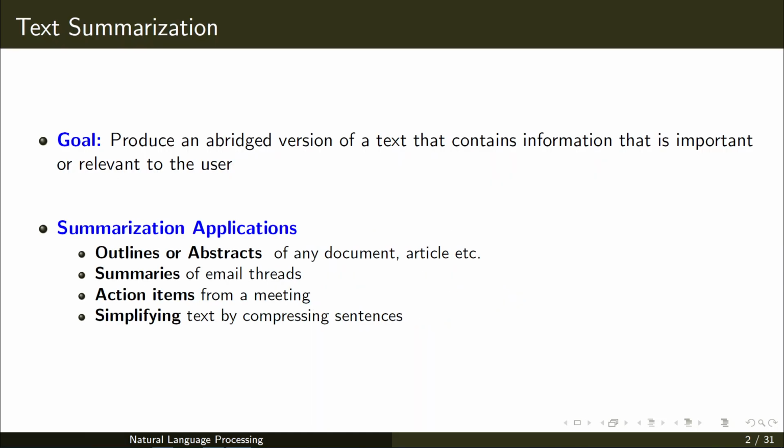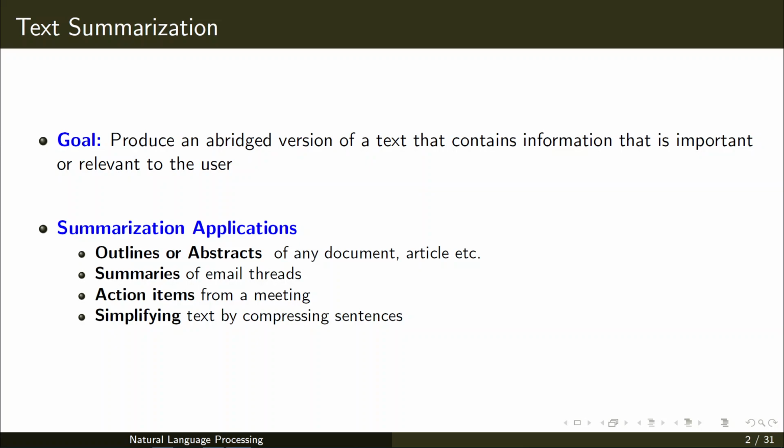So summarization is to produce an abridged version of the text that contains information that is important or relevant to the user. There are many applications in which summarization is helpful. For example, to find an outline or abstract of any document or article.